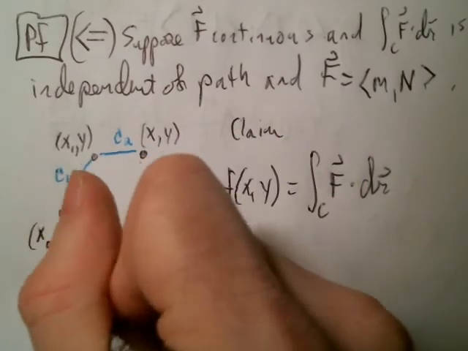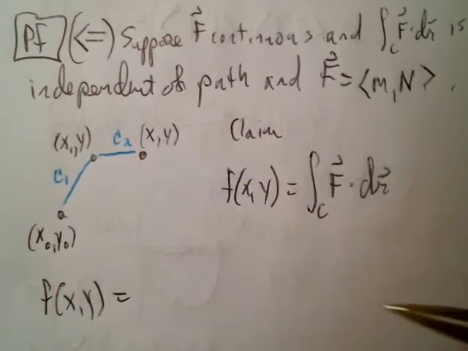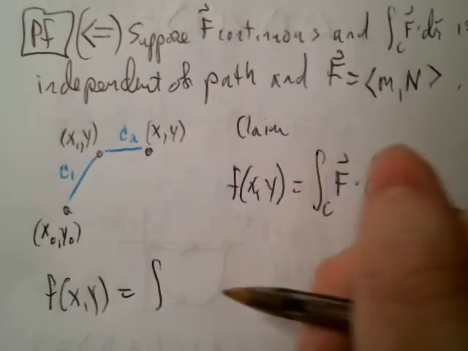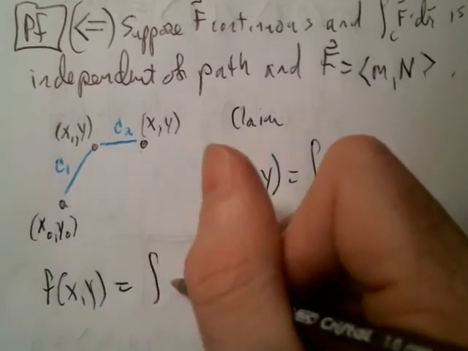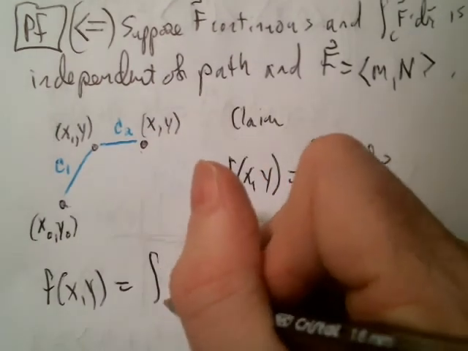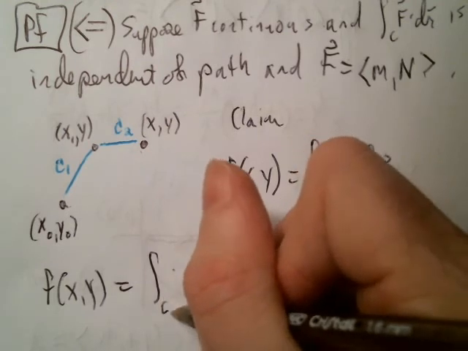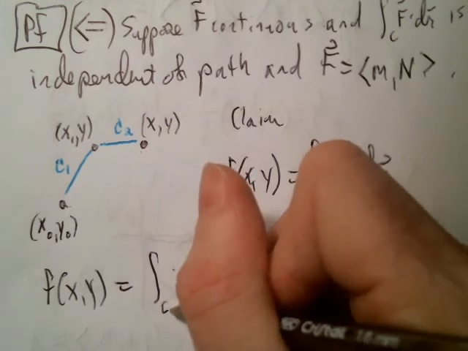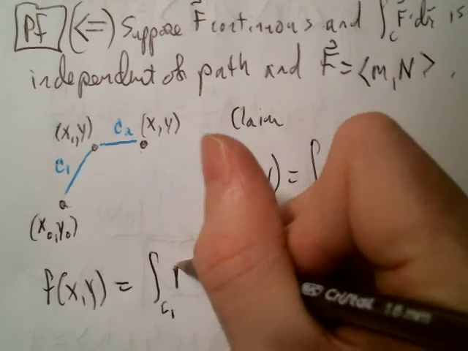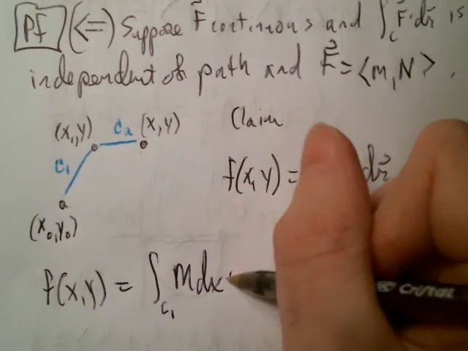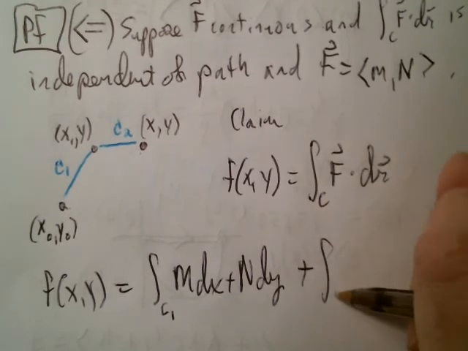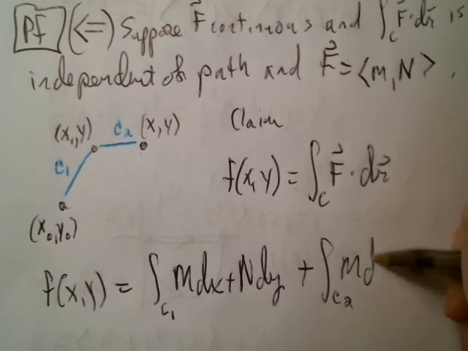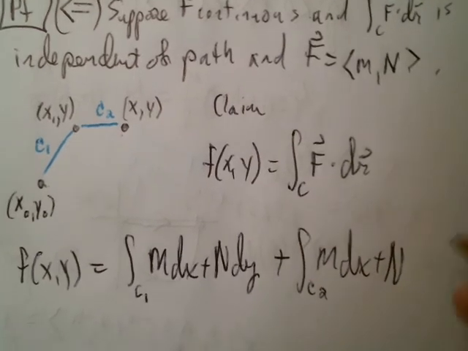So f of x, y will equal the line integral, and I'm going to put it in differential form at the same time. So this will be the C1 part of m dx plus n dy, and then plus the C2 part of m dx plus n dy.